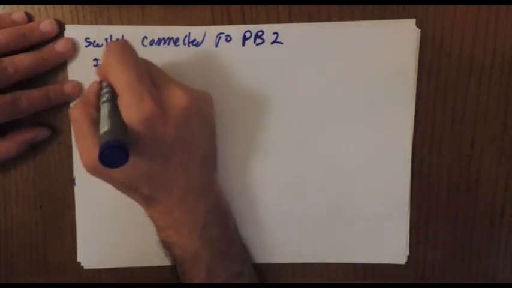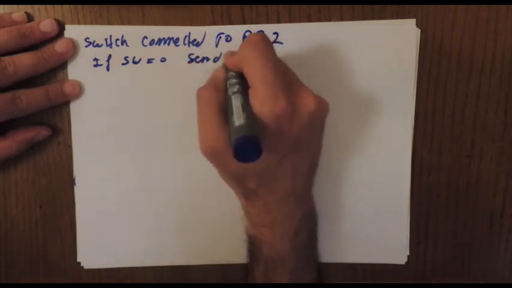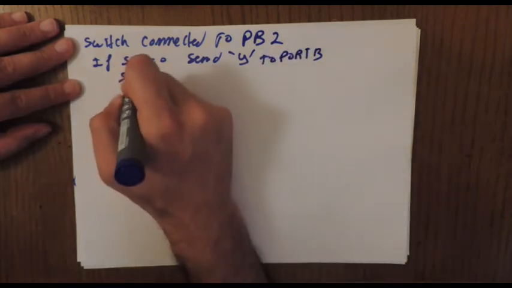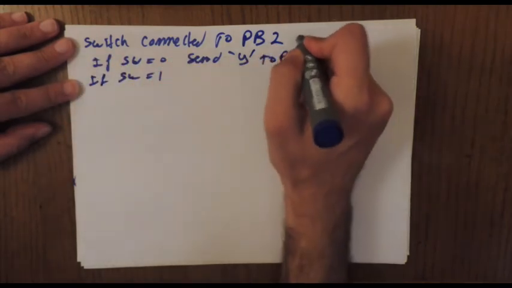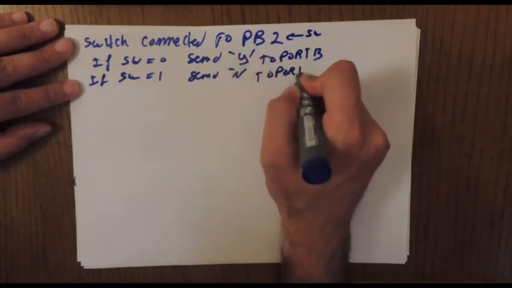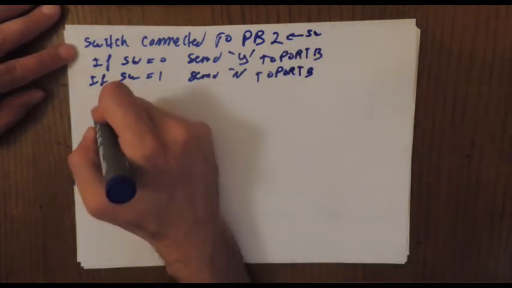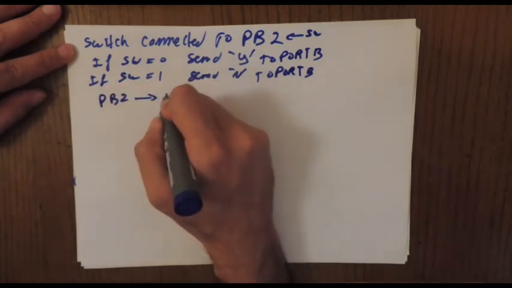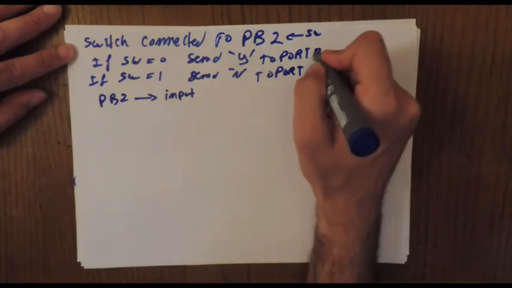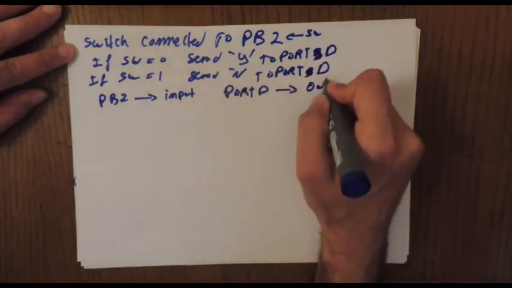If switch equals 0, send the ASCII Y to port D. If SW equals 1, send the ASCII N to port D. So we assume here we have an LCD that displays Y and N. So in this case, of course, PB2 will be input, and port D will, all of it, be output.